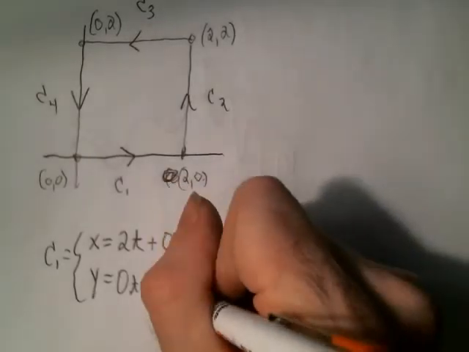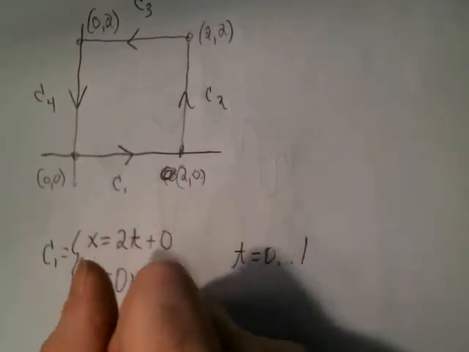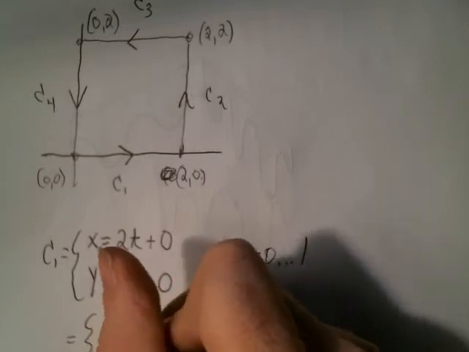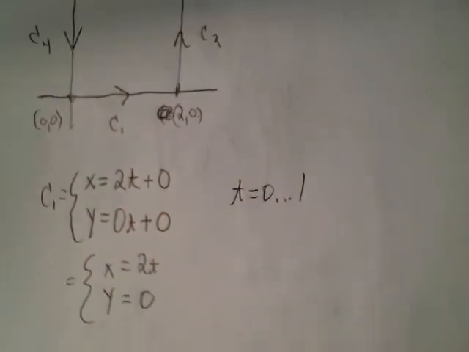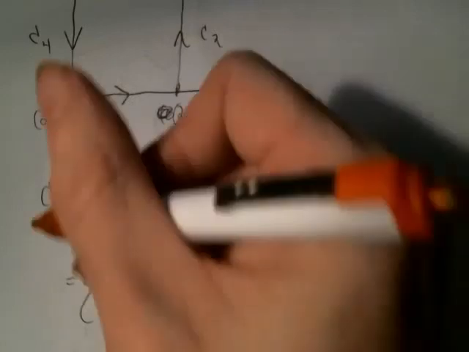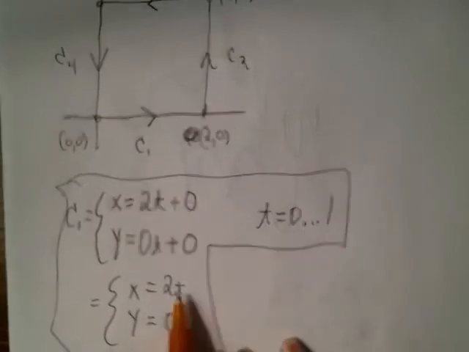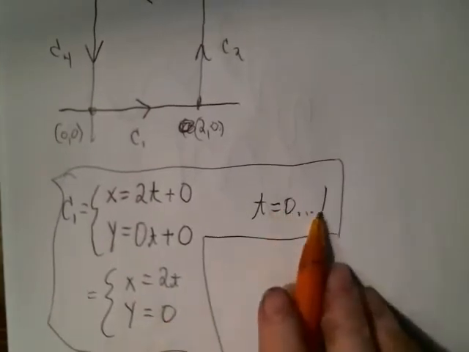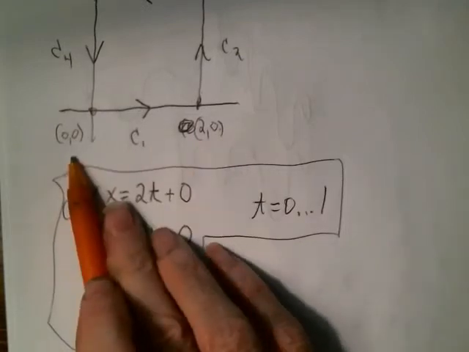No, it will. Okay, so you end up with this system being x equals 2t, and then y just equals 0, right? So you can check that at time 0, you'll have 0, 0. When time is 1, you'll have 2, 0, which are the coordinates we were after.